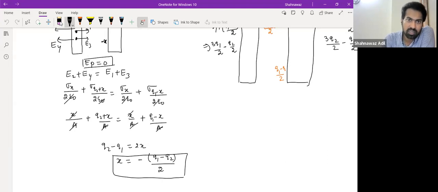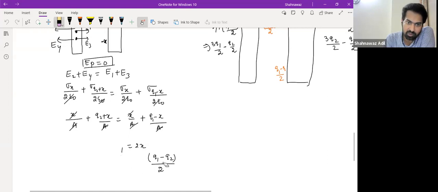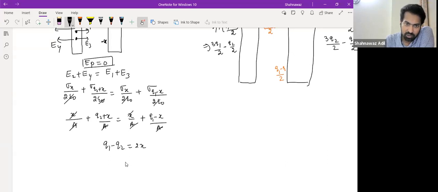So you see that this Q2 plus X is Q1 minus X. So this will go to this side, so this would become 2X and this would become Q2 minus Q1. So this was the mistake that I made. So X would be Q1 minus Q2.